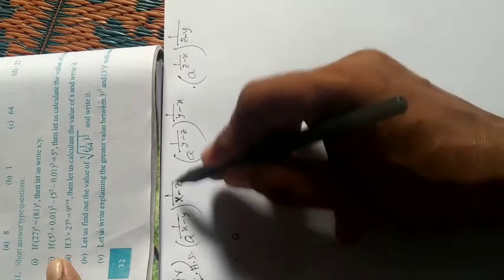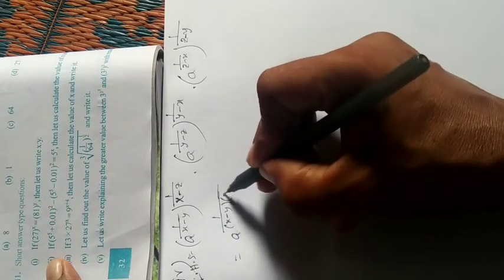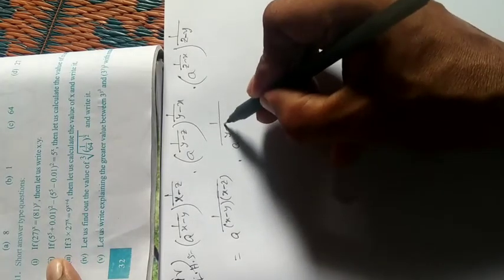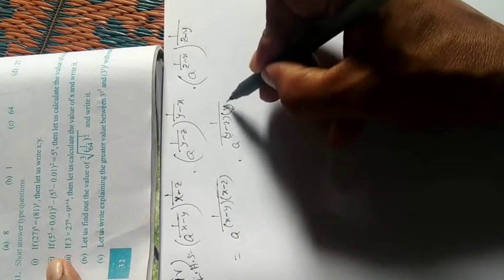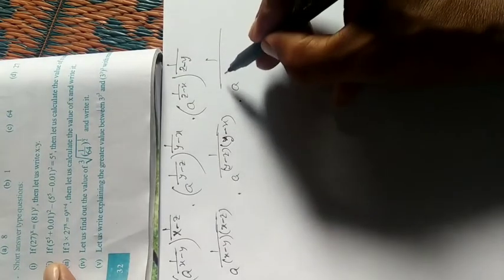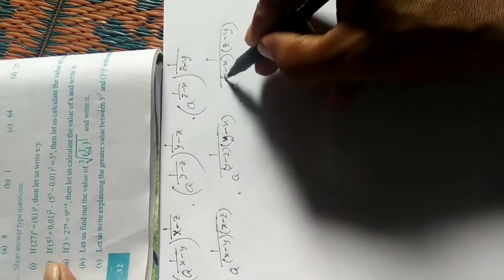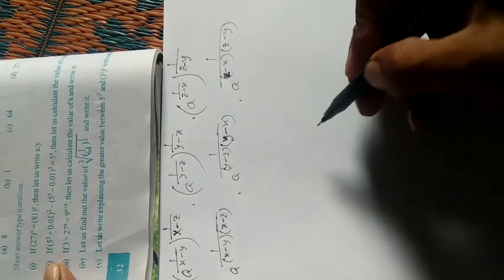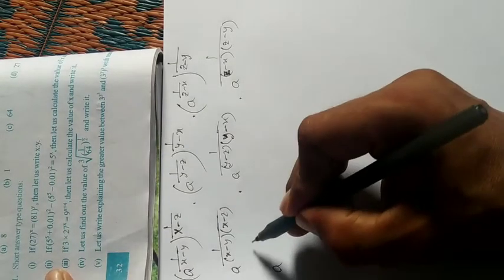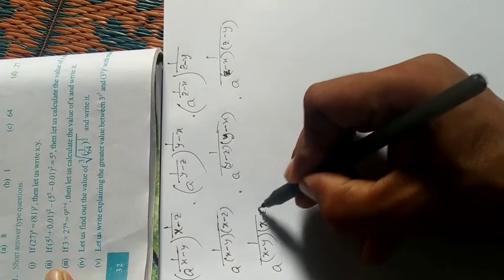a to the power, multiply these powers, so we get it is minus into a to the power y minus z into y minus x into a to the power 1 by z minus x into z minus y, here z minus x. a to the power 1 by x minus y into x minus z.